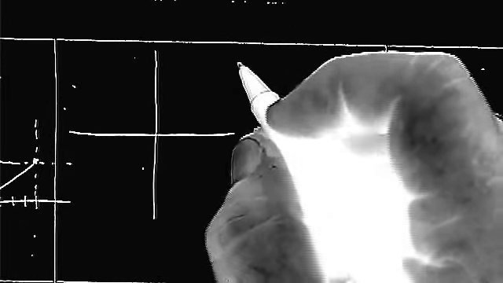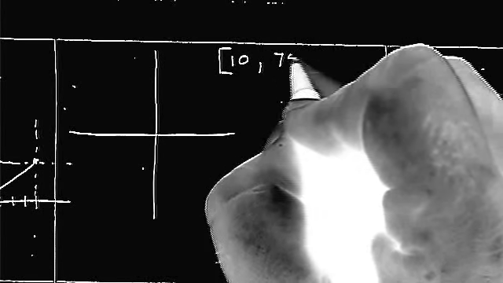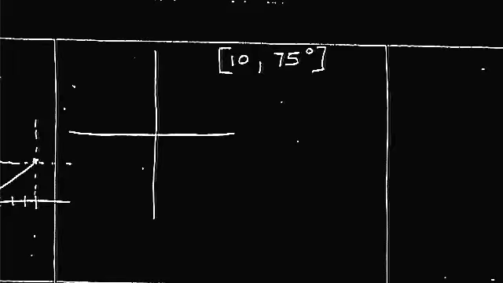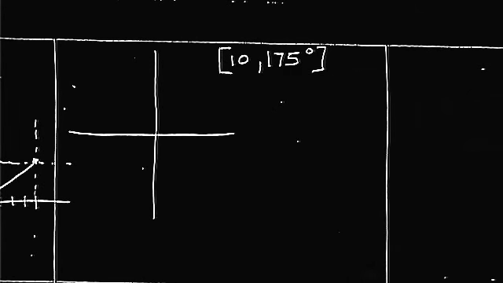We can also give them to you in polar form and then ask you to sketch them. Suppose I said 10, comma, 75 degrees. Let's go 175 degrees, just for fun.